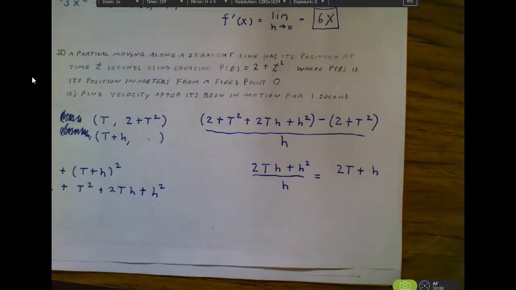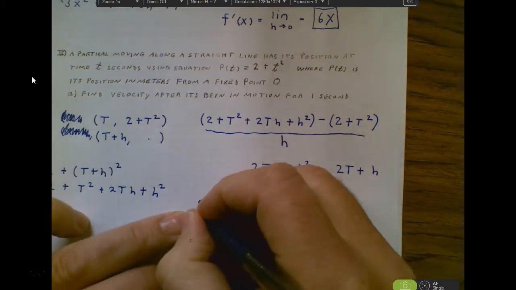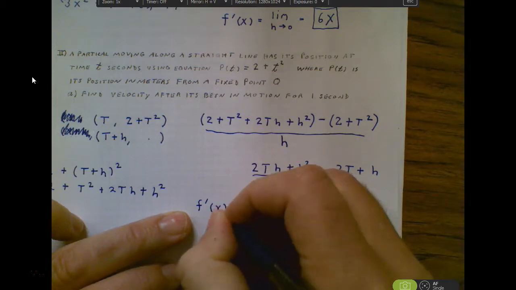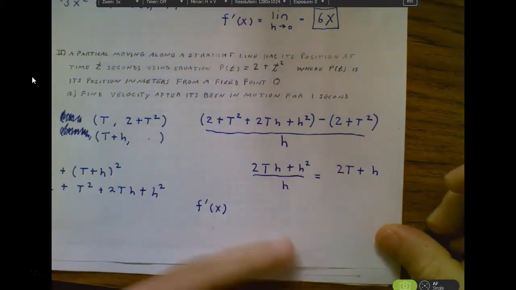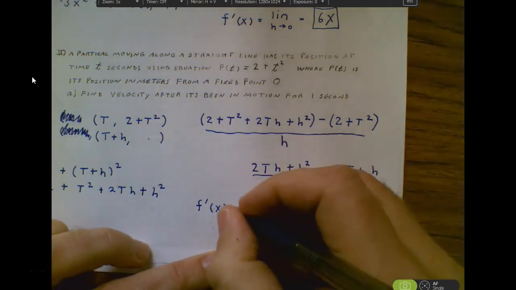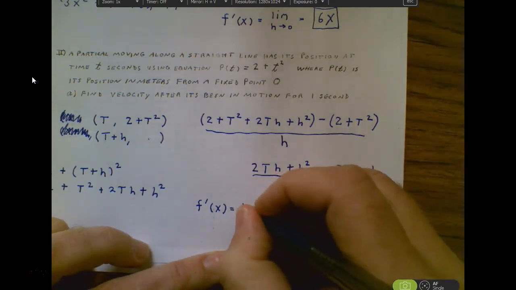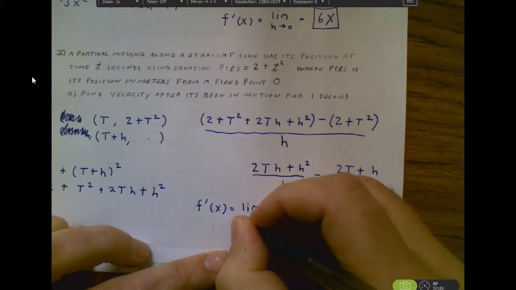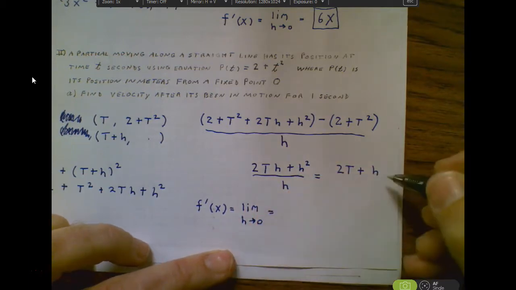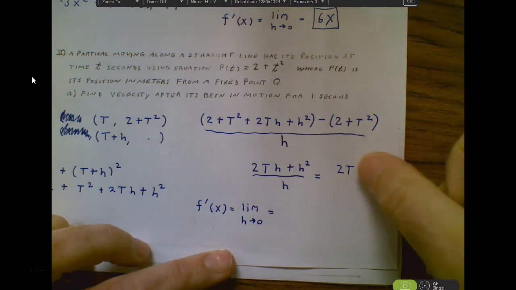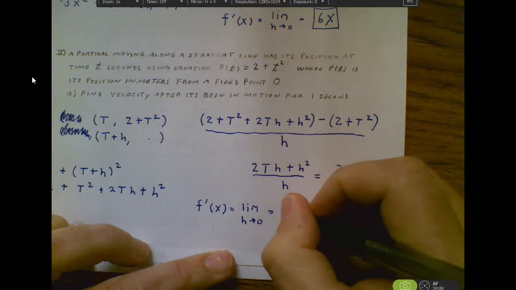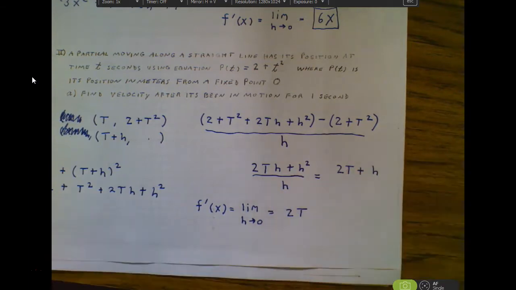So remember, the idea of all this is that what we just found is a derivative, which is a function for gradient or slope at an instant point. And so we're always doing a derivative as the limit where h approaches 0. So if h is becoming 0, what would I be left with? Just 2t. And so at the end of all this, my derivative is simply 2t.